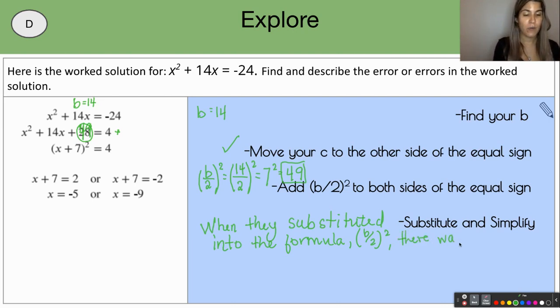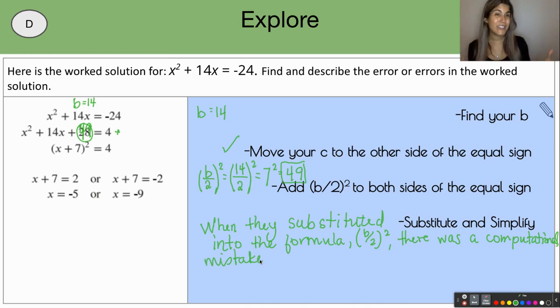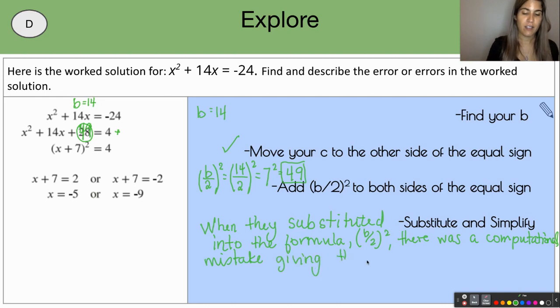There was a computational mistake, giving them the incorrect constant, because it's not correct.